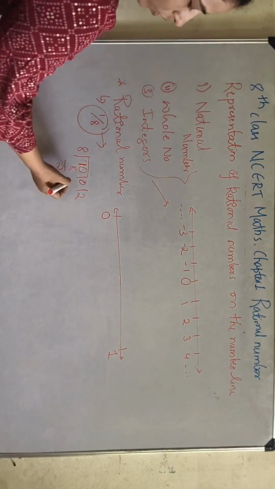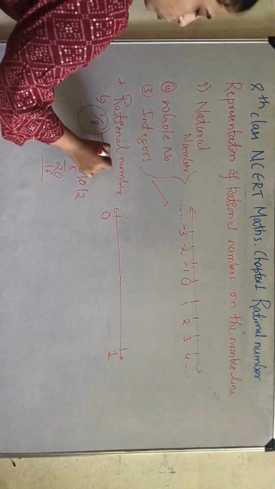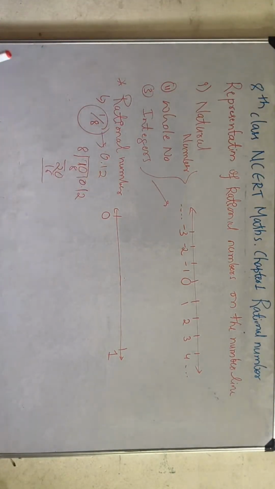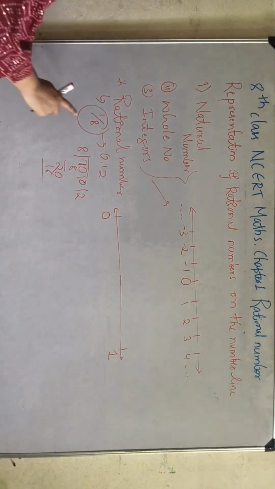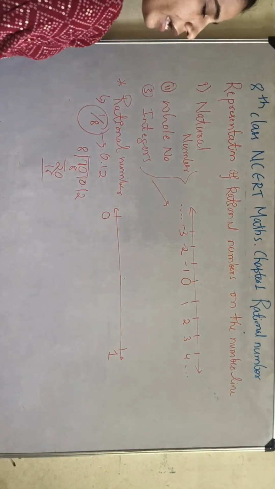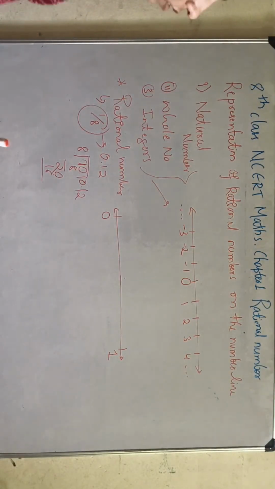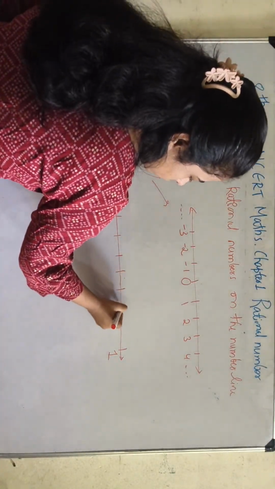Like this, 0.125. It lies between 0 and 1. Okay. This is equal to 0.125, which lies between this 0 and 1. Now what we have to do? Here the denominator is 8. It means we have to make 8 equal parts between 0 and 1. 8 parts means 7 dots.